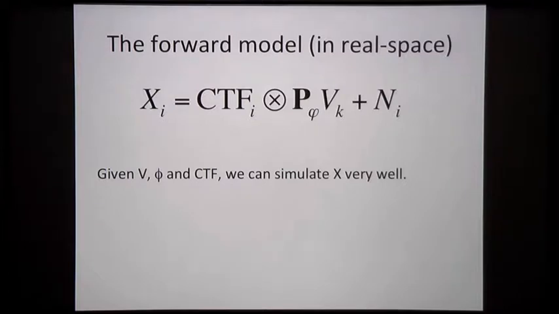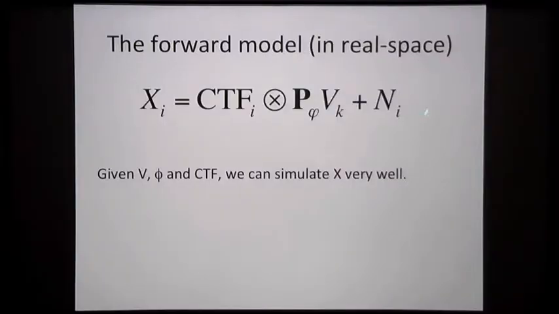And then we have these artifacts of the CTF, this modulating function, which is the Fourier transform of the point spread function of the whole system, as we discussed also in lecture 2, and that we can do mathematically either by a convolution in real space, or, as we saw in lecture 2, more efficiently by multiplications in Fourier space. And then our experimental images are very noisy, so we'd have to put some type of noise on top of that.